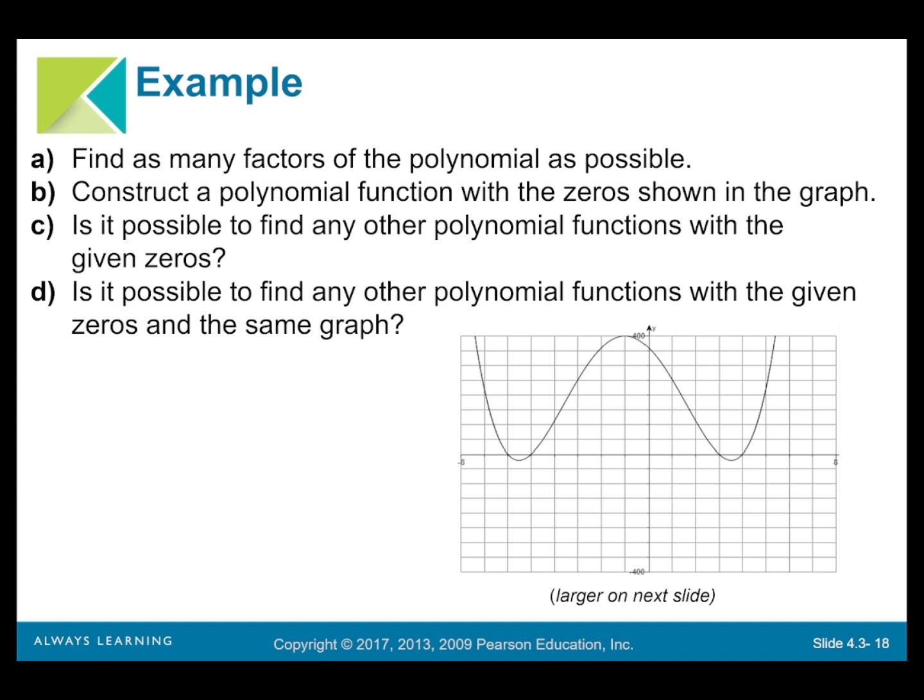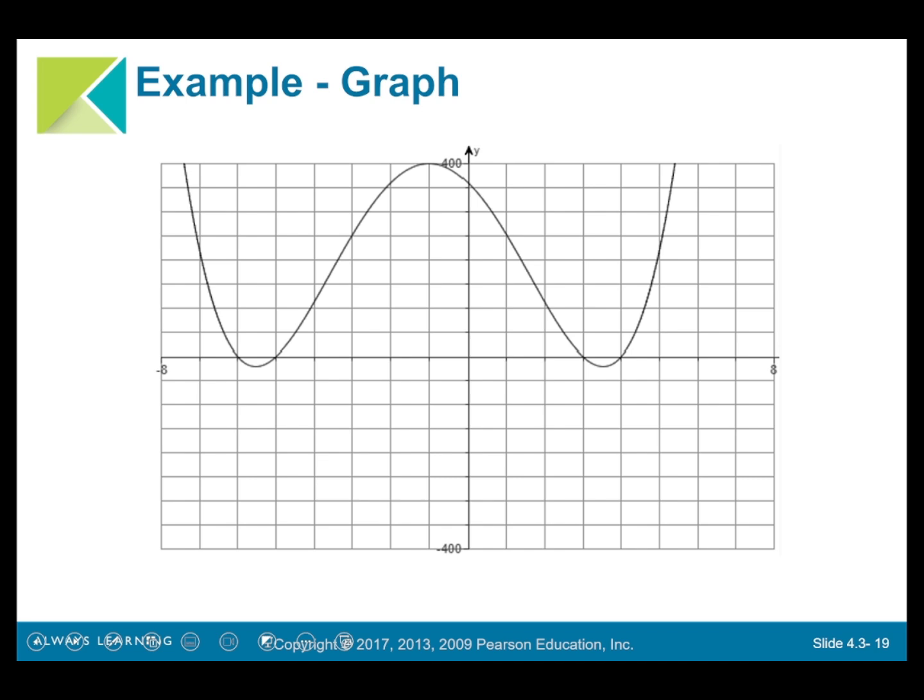So let's identify these zeros real quick. We have a larger graph on the next slide. Notice that our domain here goes out to 8 and goes as low as negative 8. If I count these boxes, I have 1, 2, 3, 4. I have negative 1, negative 2, negative 3, negative 4, negative 5, negative 6.